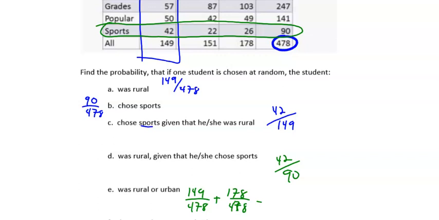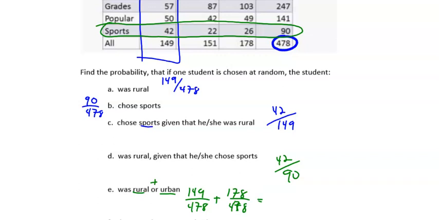All right, remember, we only subtract when there's some kind of overlap or where these two things can happen at the same time, being both rural and urban, which is impossible for this example. And remember, or means plus.